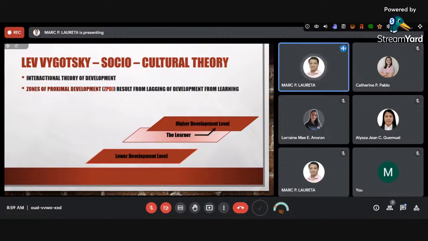We need to advance so that the learner can be more motivated, more driven to acquire or to complete the new learning task.